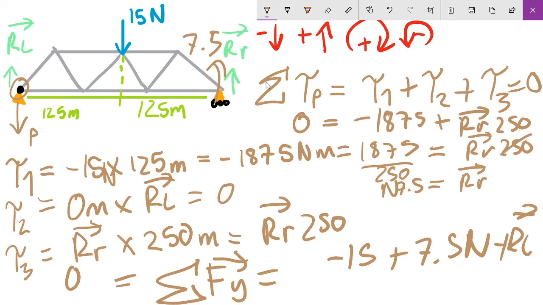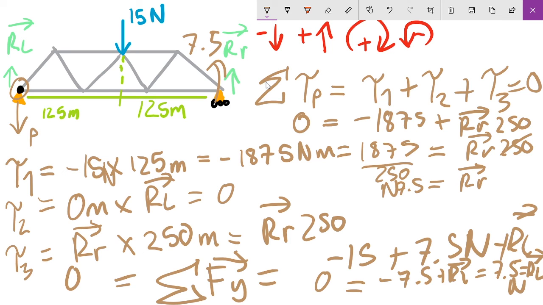Everything is going to equal 0 because it balances out, which means negative 15 plus 7.5 is negative 7.5. So 0 equals negative 7.5 plus RL, and therefore 7.5 newtons equals RL.